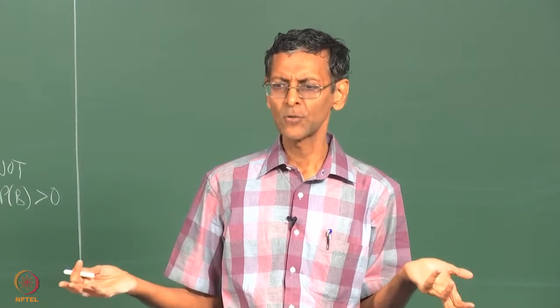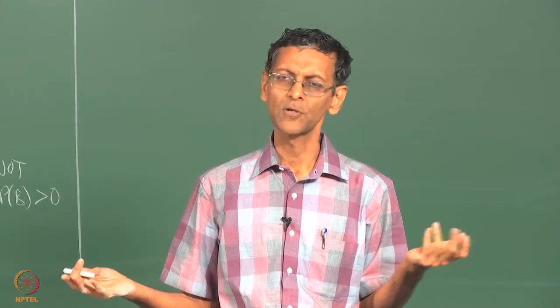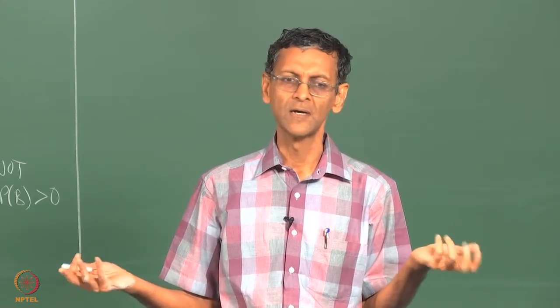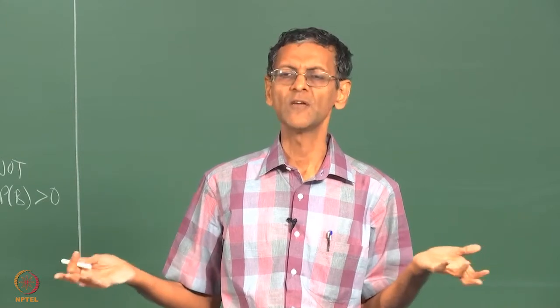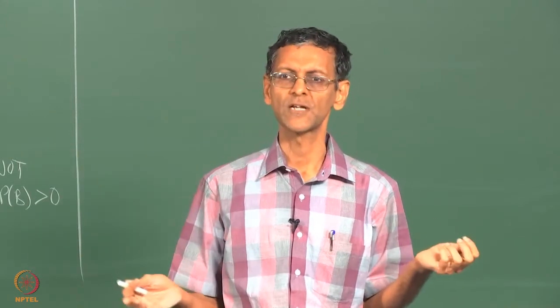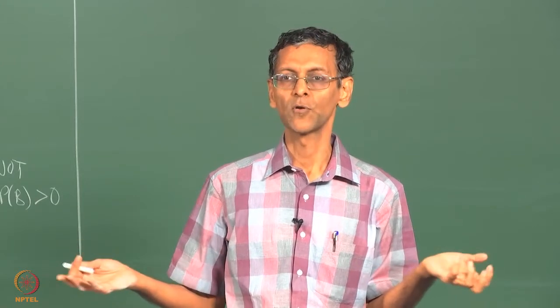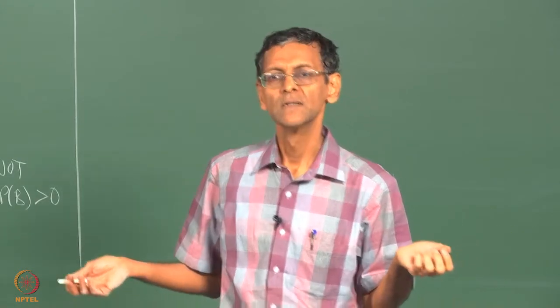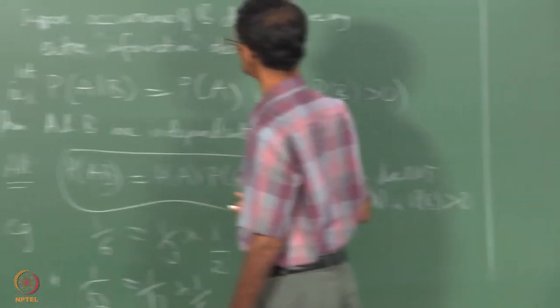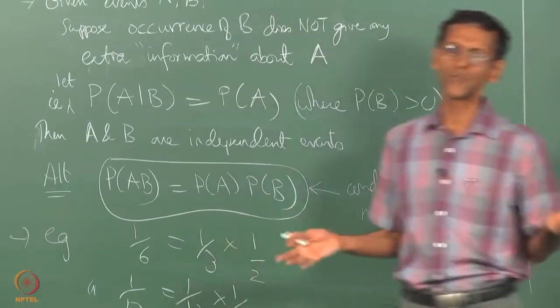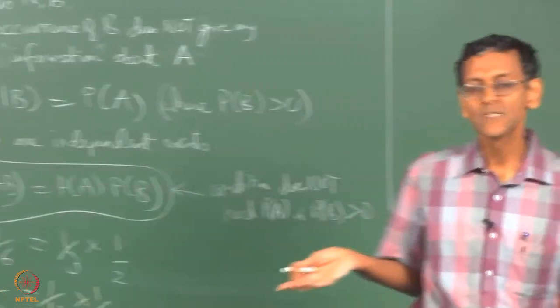That can only happen if you take some extreme or trivial example, like A or B being phi. Only then is that equality going to be satisfied. It's not going to be satisfied if A and B both have non-zero probability. This equality is satisfied for exclusive events only if one of them is the empty set.